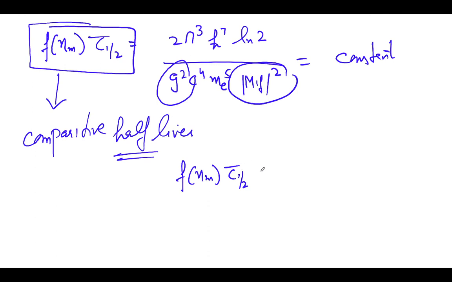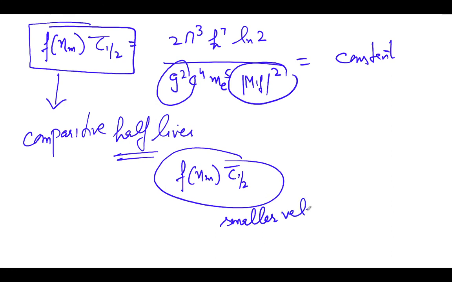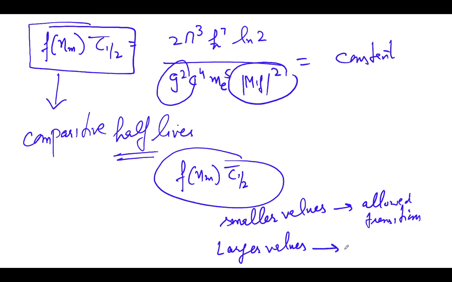That means that the transition of beta decay is an allowed transition. So the smaller values of this comparative half-life generally represent the allowed transitions, while the larger values of these comparative half-lives represent the forbidden transitions.